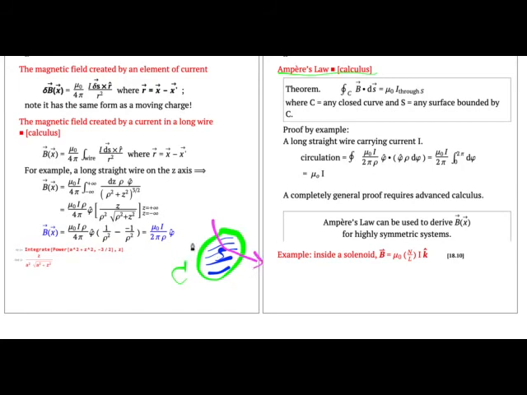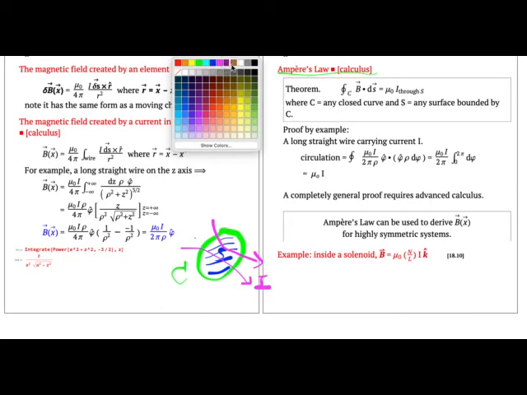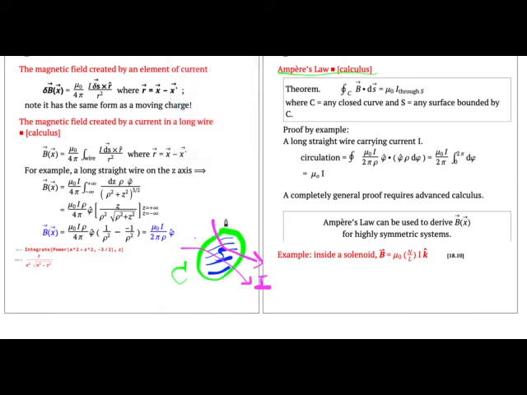So you have to view this as a three-dimensional picture. So that's the current. And now there's a magnetic field that curls around the current. So let's put the magnetic field in, I don't know, that color.